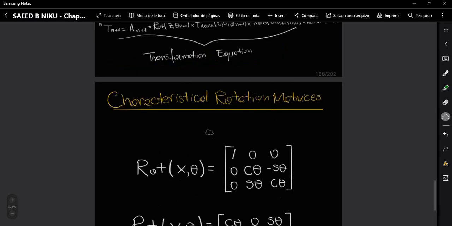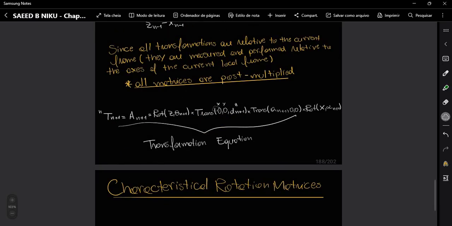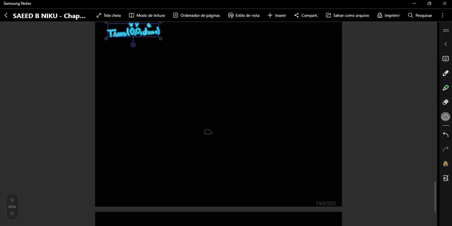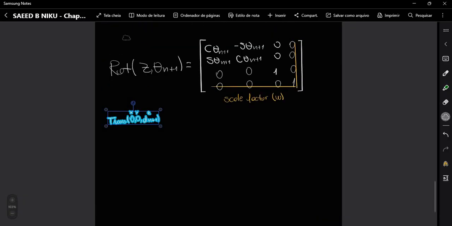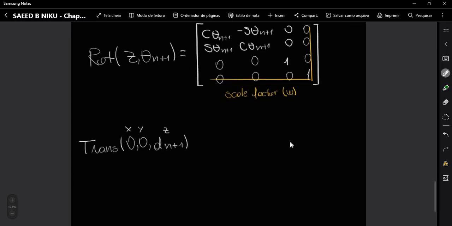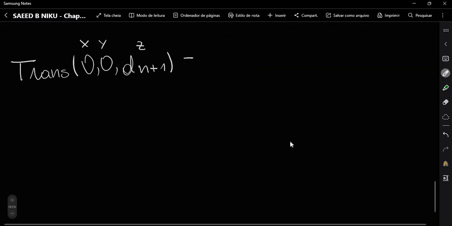Now for the translation. We know that for a translation, we always have its main diagonal filled with ones and the rest of the elements are zero.